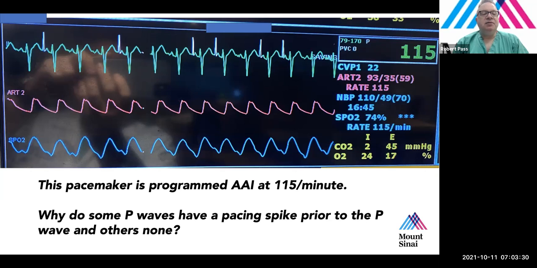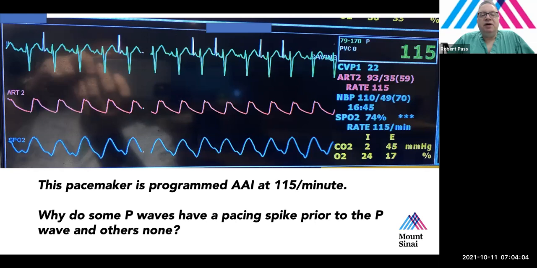In Pacemaker Mode, the monitor searches for a high frequency electrical impulse and augments it in the form of what looks like a pacing spike. This is intended to make it easier to interpret what's going on in the electrocardiogram on the monitor. But in this particular case, I can tell you that this patient was sitting at 115 all the time because they were being paced at 115 all the time.